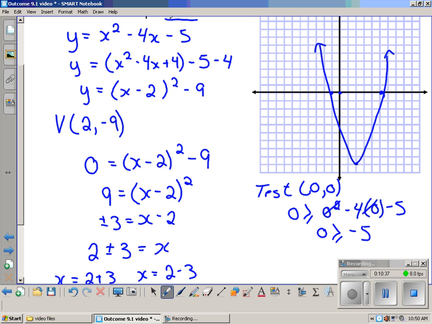Sorry, this says 0 is greater than or equal to negative 5. 0 is bigger than or equal to negative 5, and so the point 0, 0 is included, and so I want the region inside of that parabola.